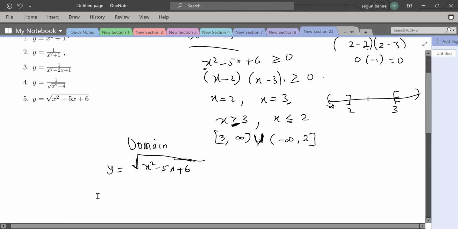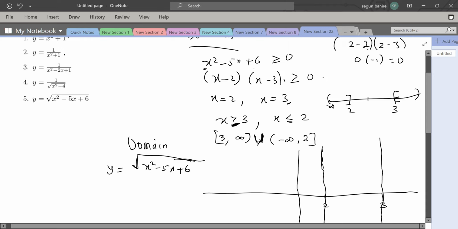Let's use the graph method to solve it. So graphically, let's see how it will behave. We have 2, and then we have 3. So our graph can touch 2, you can draw a straight line, and you can also touch 3.